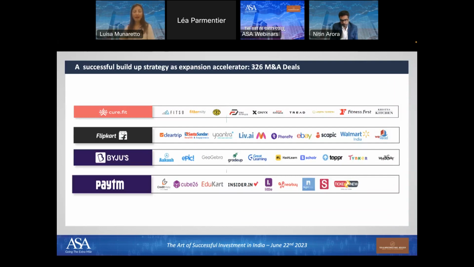So I just selected a mix of startups of new generation and of previous generation. So Paytm is very old, we can say very old, Paytm and Flipkart. They are very old companies in terms of unicorns.